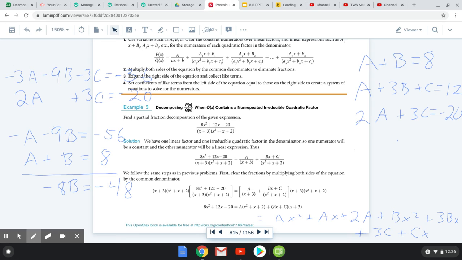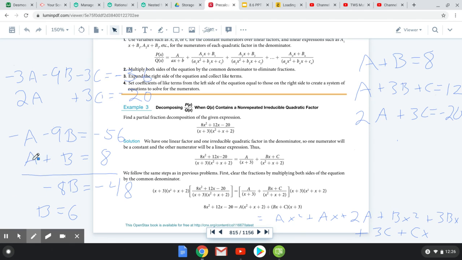And then I can just solve for b at that point. So if I divide both sides by negative 8, I'm going to get that b equals 6. So b equals 6, and then I can just start back substituting.